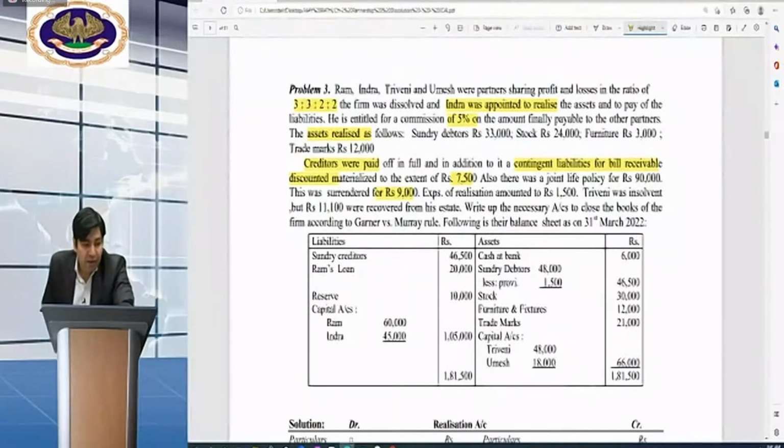Beta, there was a joint life policy, but is this appearing in the balance sheet? Tell me, everyone, which method was there for JLP? Assets method or expense method? I am waiting for your answer, beta.